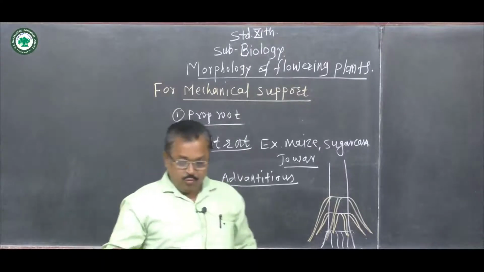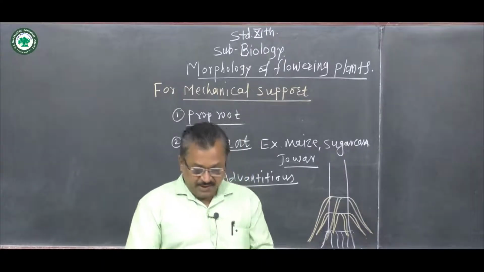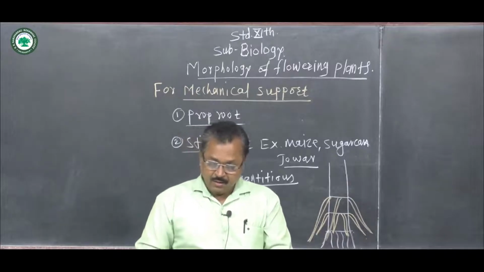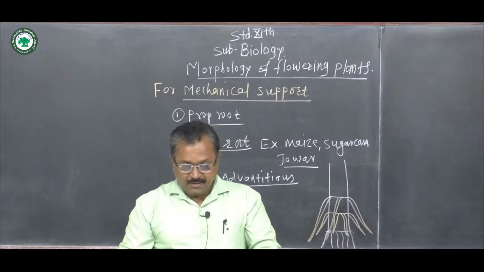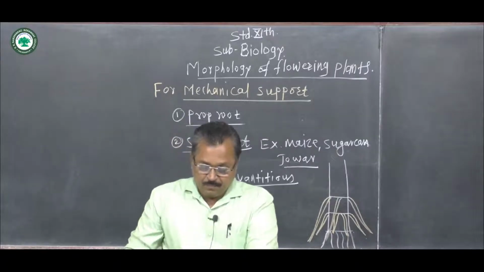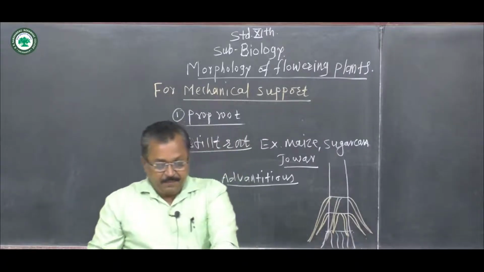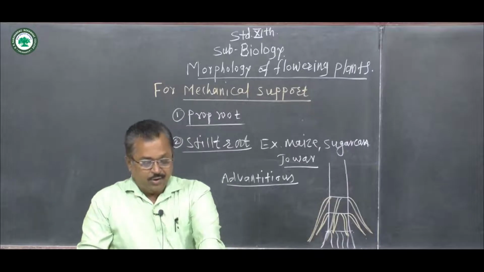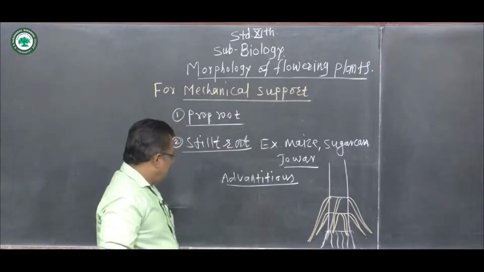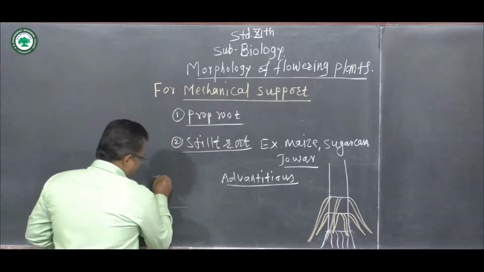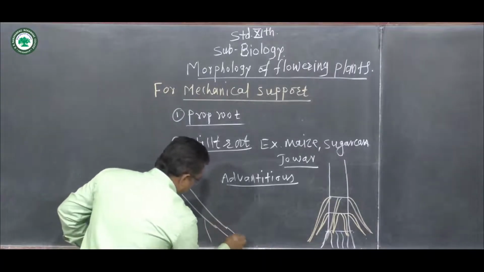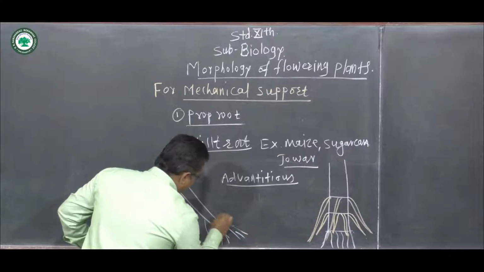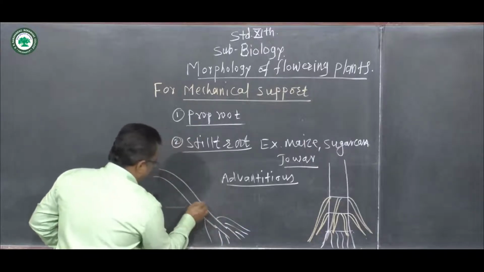Then one more thing: these roots provide additional support to the plant. Some other plants, like screw pine or pendulous, generally also called Khedkar.